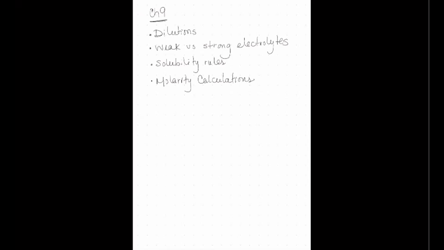Now, let's tackle the calculations first. Let's do molarity calculations and dilutions first. So when it comes to molarity, remember that it is given by the amount of solute in moles, and we are going to divide that by the liters of the solution.